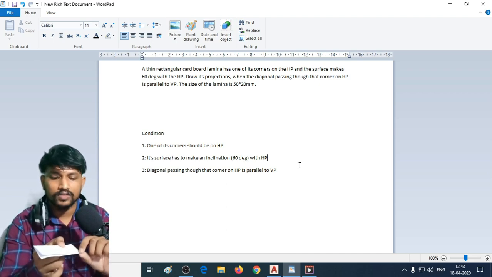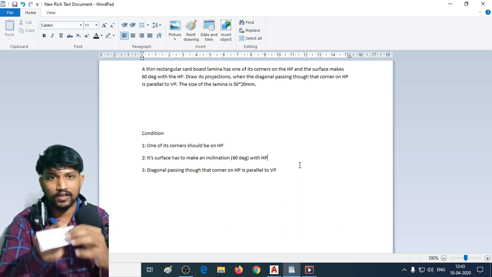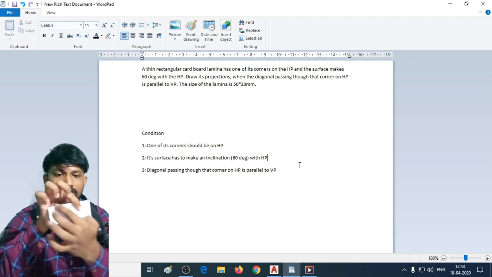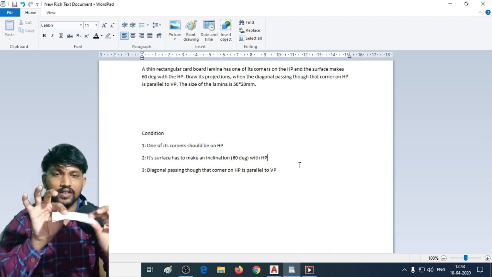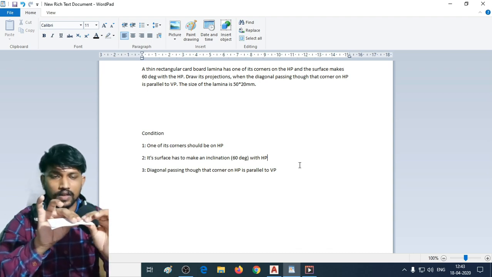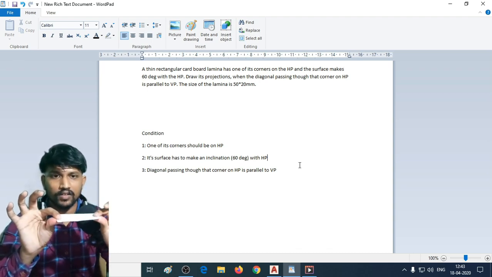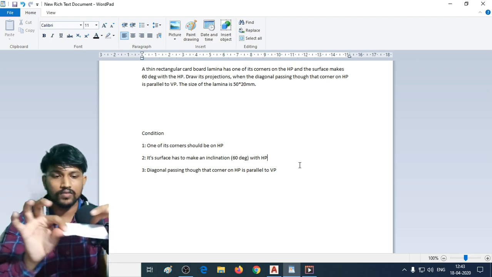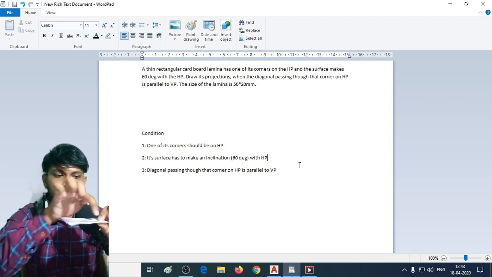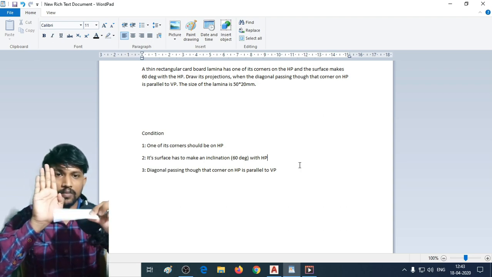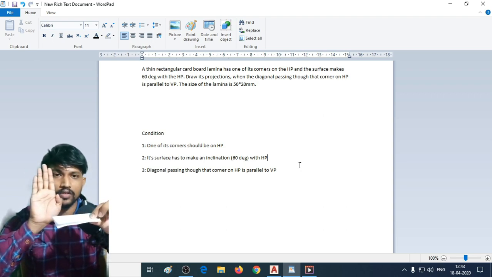Since I need to keep this corner here, I have to choose this particular diagonal parallel to the vertical plane. If the plane surface is lying on the HP, this edge is parallel to the vertical plane, but I want this diagonal to be parallel to the vertical plane, so I am going to shift it like this. Now this diagonal and the vertical plane both are parallel.